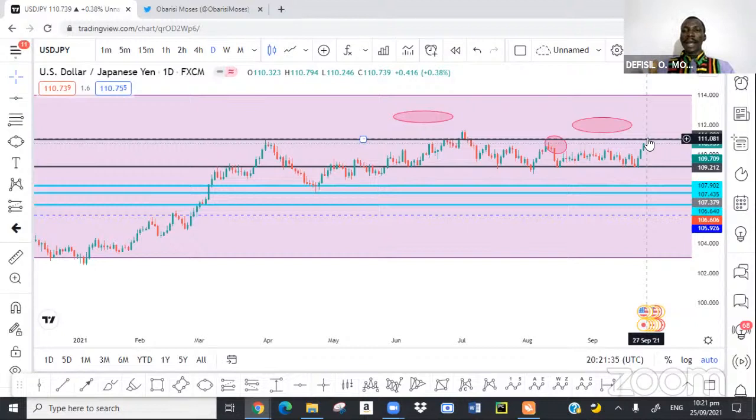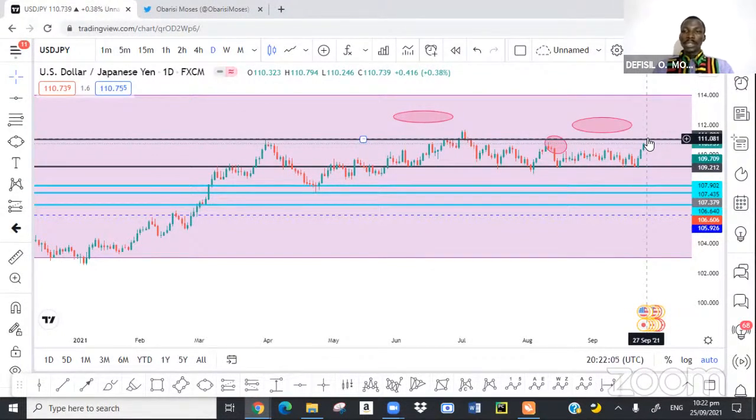We take that area as a closing point, or a first exit from that market. Then we wait for what happens first before we either continue buying or take the reverse direction, which is to sell this market.